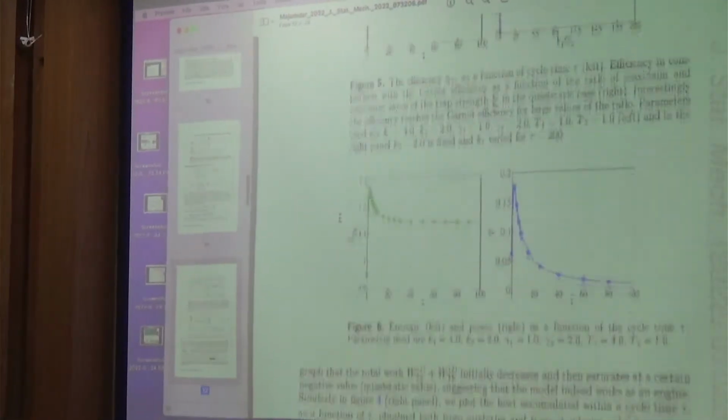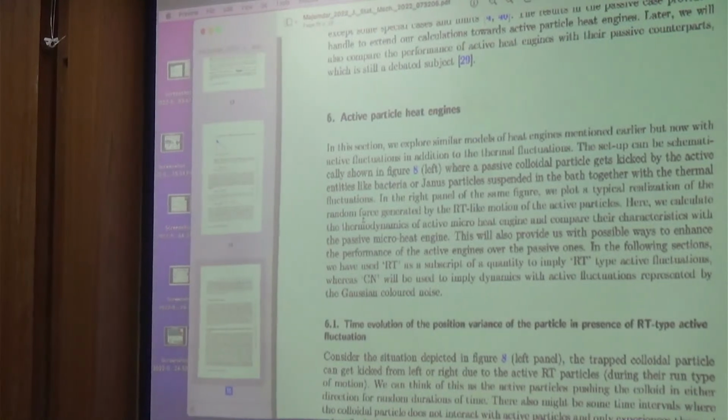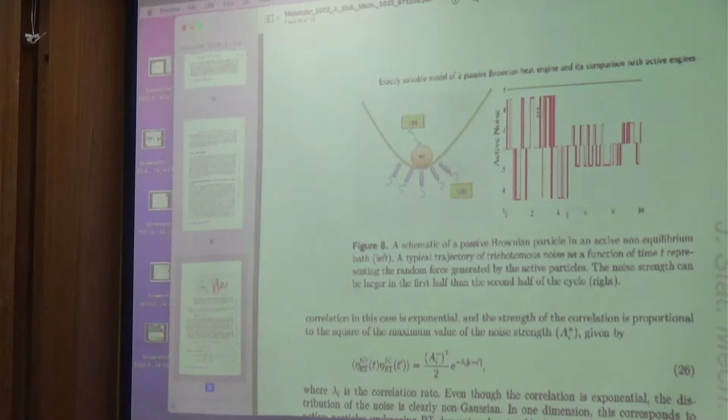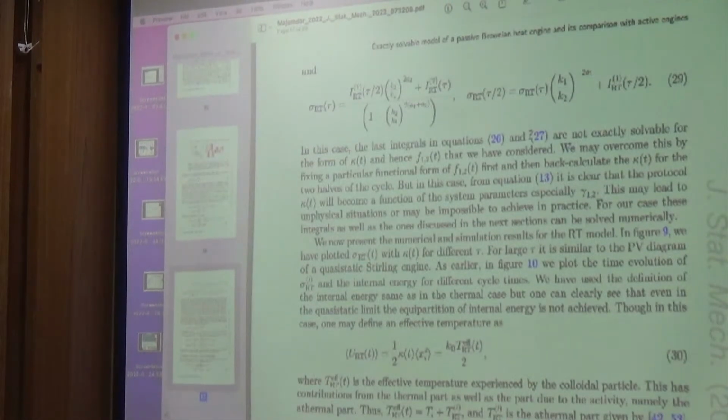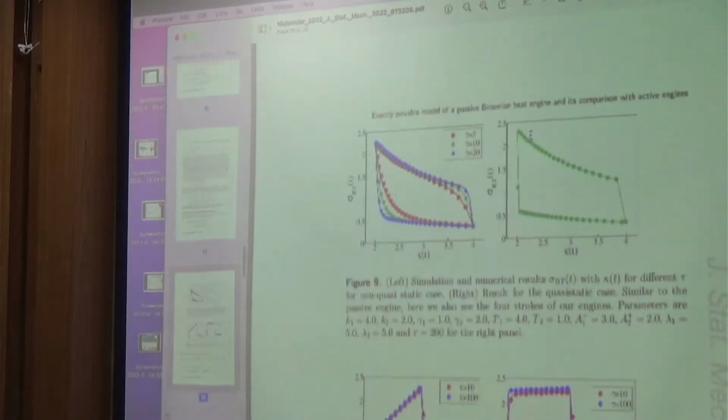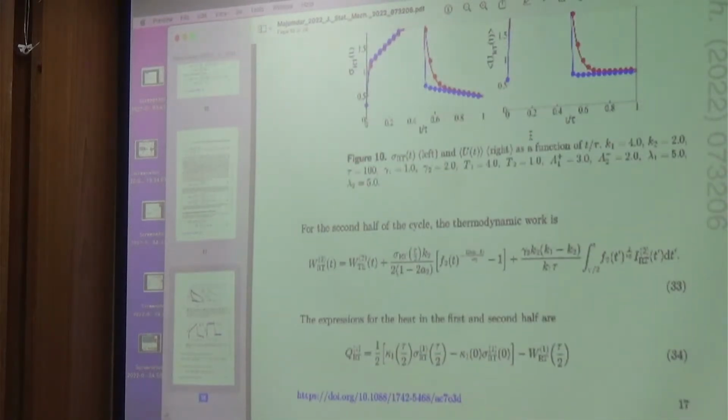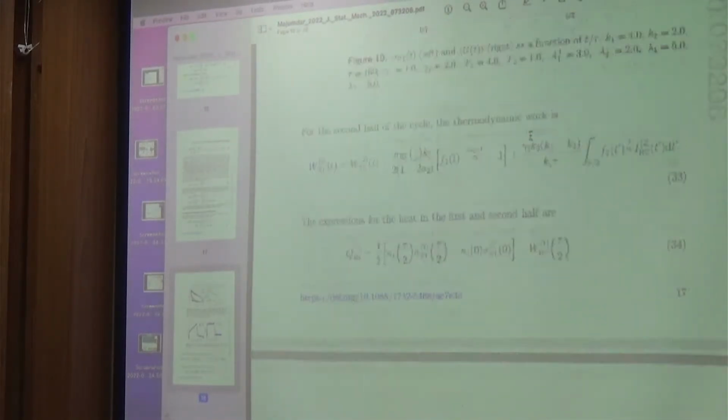According to yesterday's talk, these are active particle heat engines, and we are using this kind of dichotomous noise, run-and-tumble motion, exponentially correlated noise, so two different kinds of active noises and thermal noise.